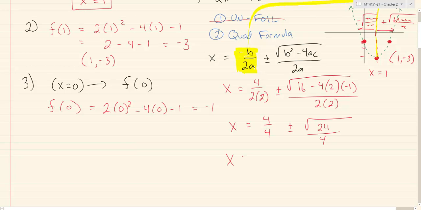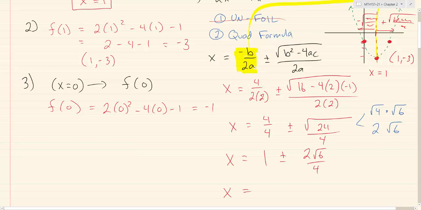And so we get x equals 1 plus or minus. And now we got to do a little bit of manipulation. The square root of 24, you can break the square root of 24 into the square root of 4 times the square root of 6, which then becomes 2 root 6. So now this becomes 2 square root of 6 over 4.